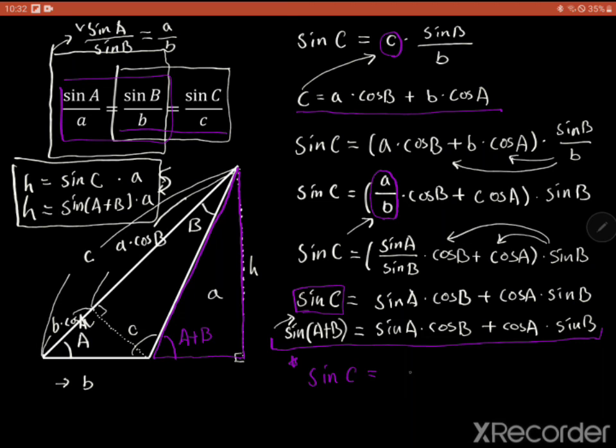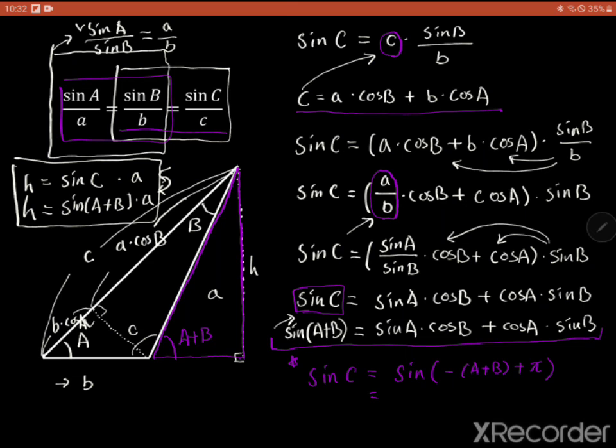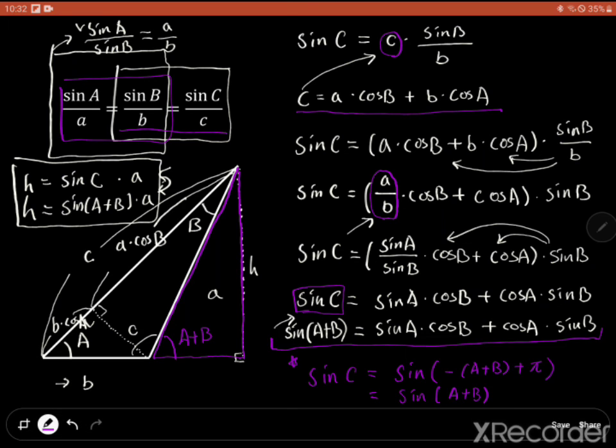Sine c is actually sine of minus their complement plus 180. Okay, so if you solve it, you conclude that there will be no change, but of course a change of the value a plus b.